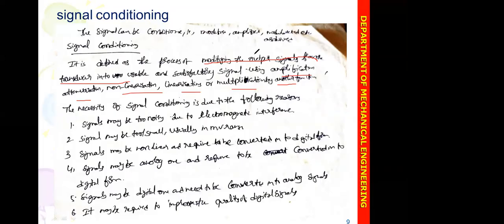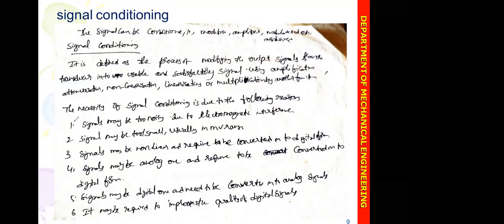The signal is modified, the signal is amplified, the signal is made correct, that is, modulated into a desired level. That means our required level, which is satisfactory and useful without any error. That is called signal conditioning.